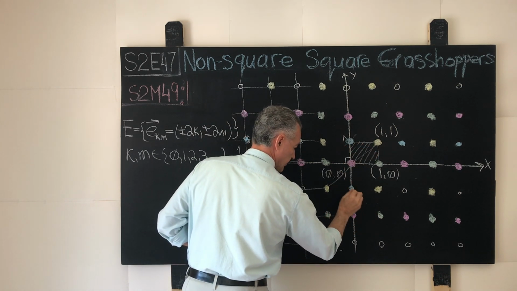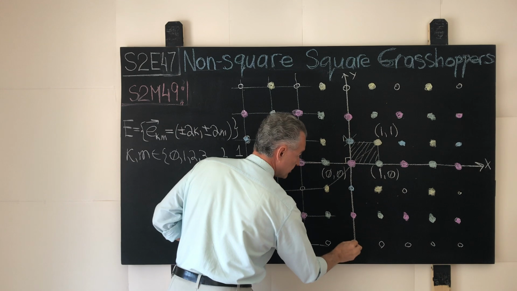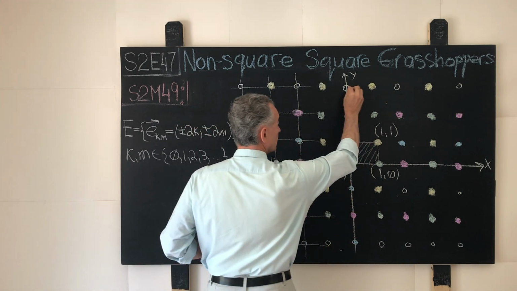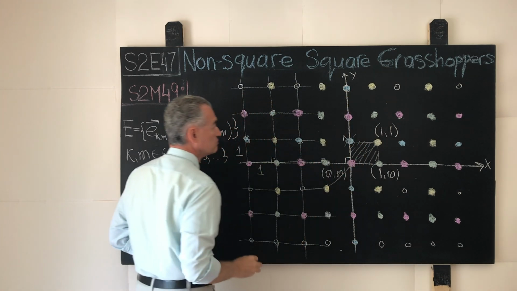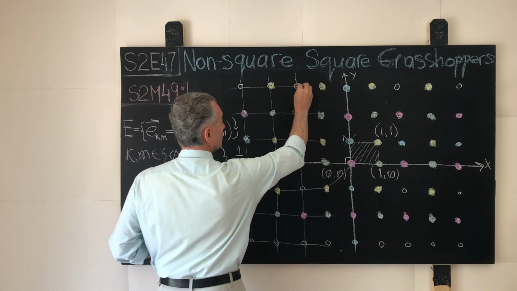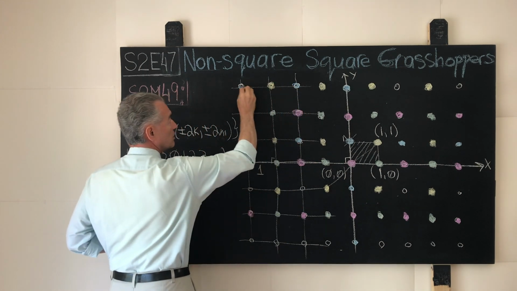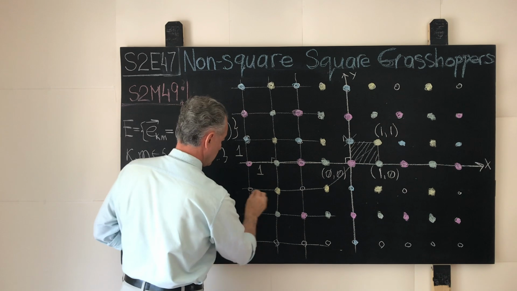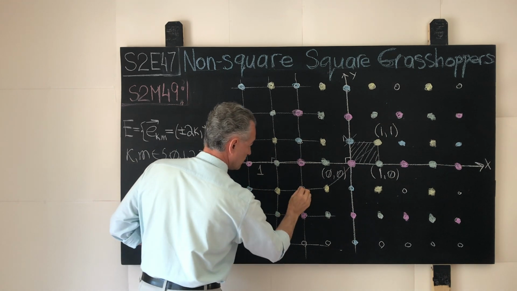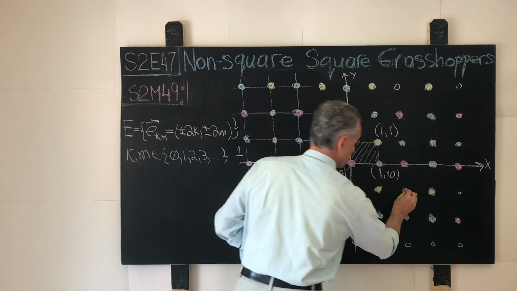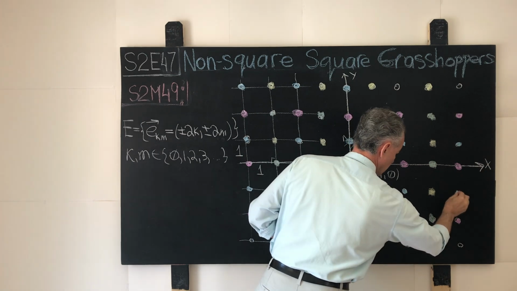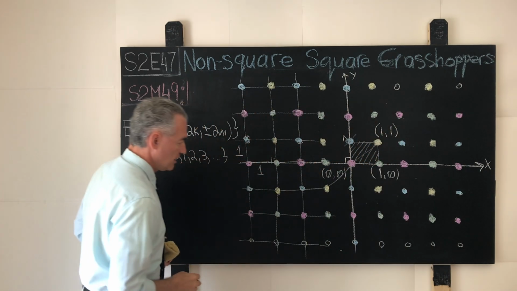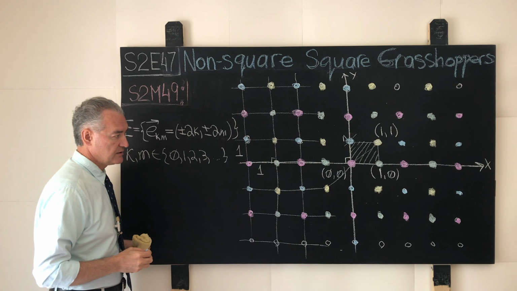So this becomes blue, this becomes blue, this becomes blue, and this becomes blue, another blue point, another blue point, and you get the idea.